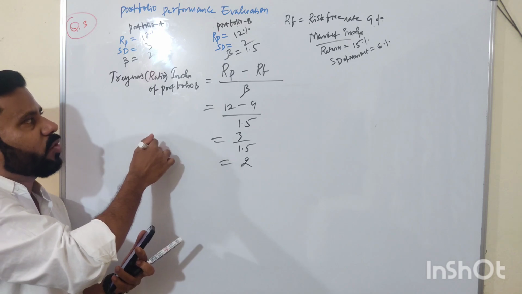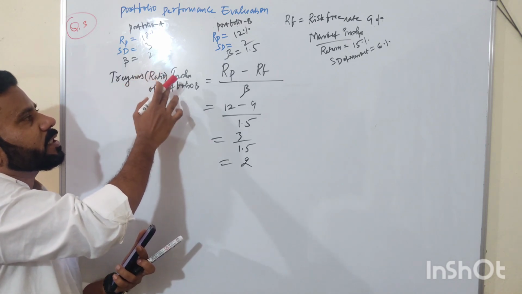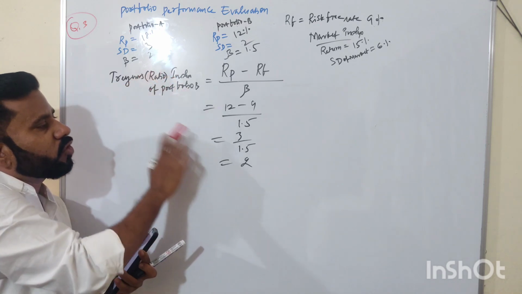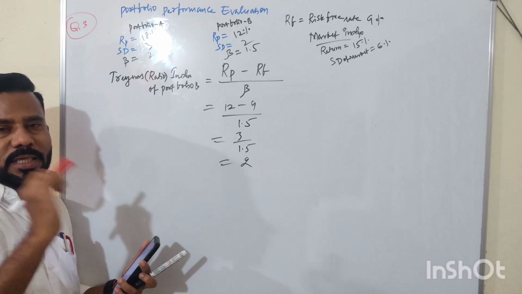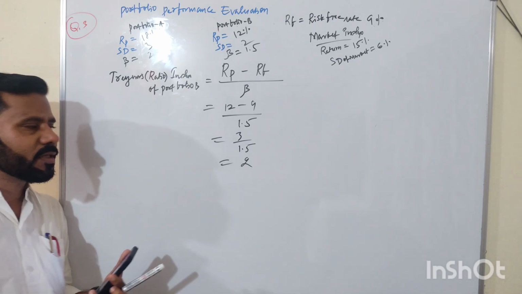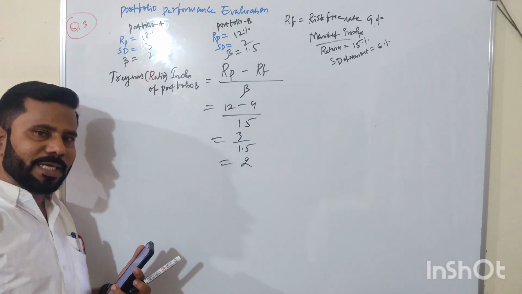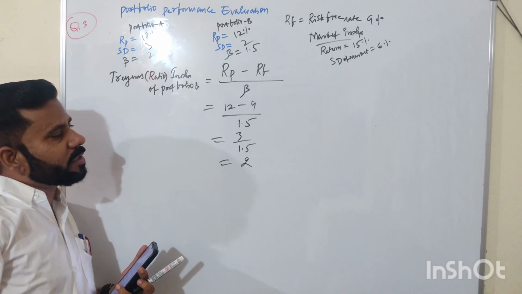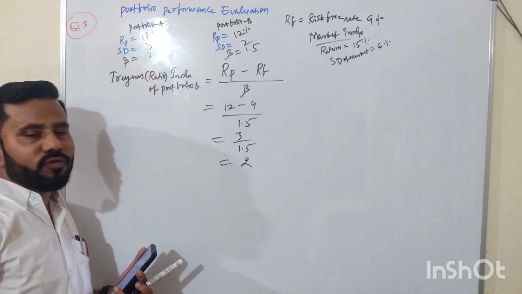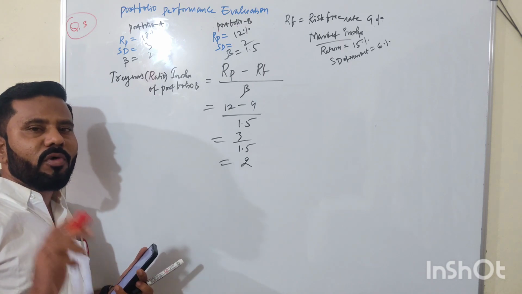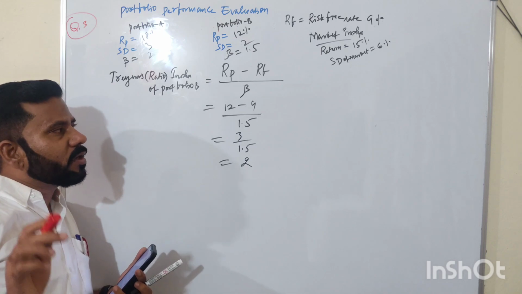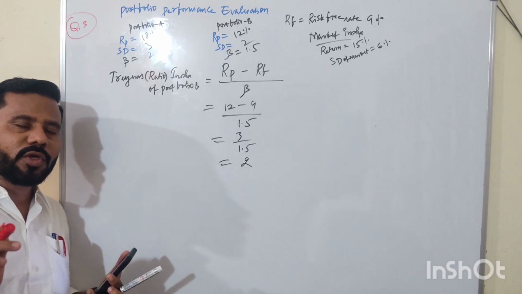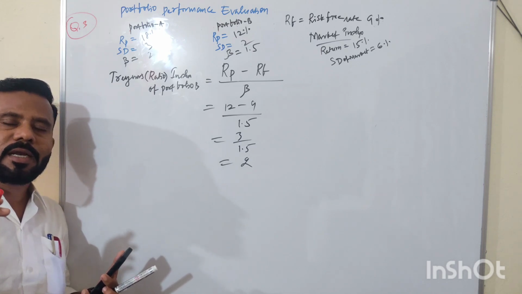Now we just calculated the Treynor index of portfolio B, and its answer is 2. Which is the highest one? Whether the 4.5 is higher, or whether the Treynor ratio of 2 is higher. 4.5 is the higher Treynor ratio.